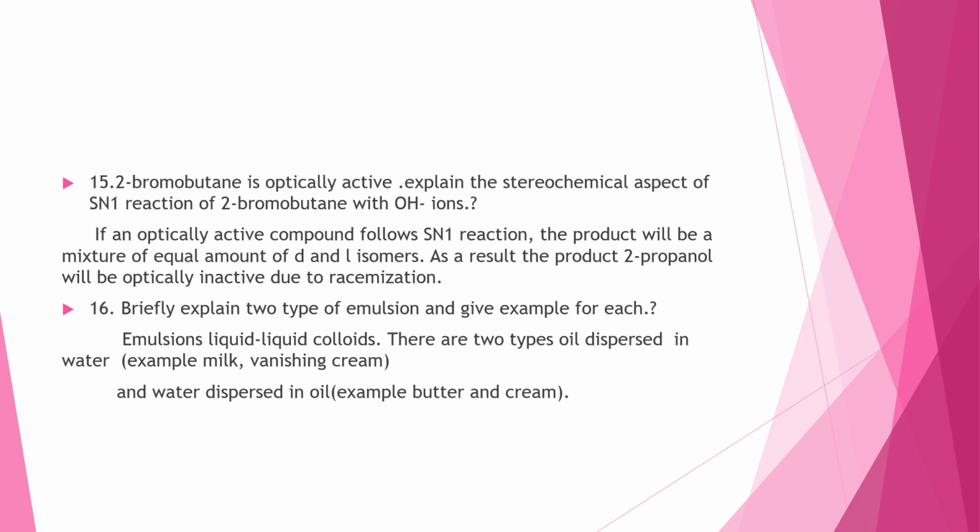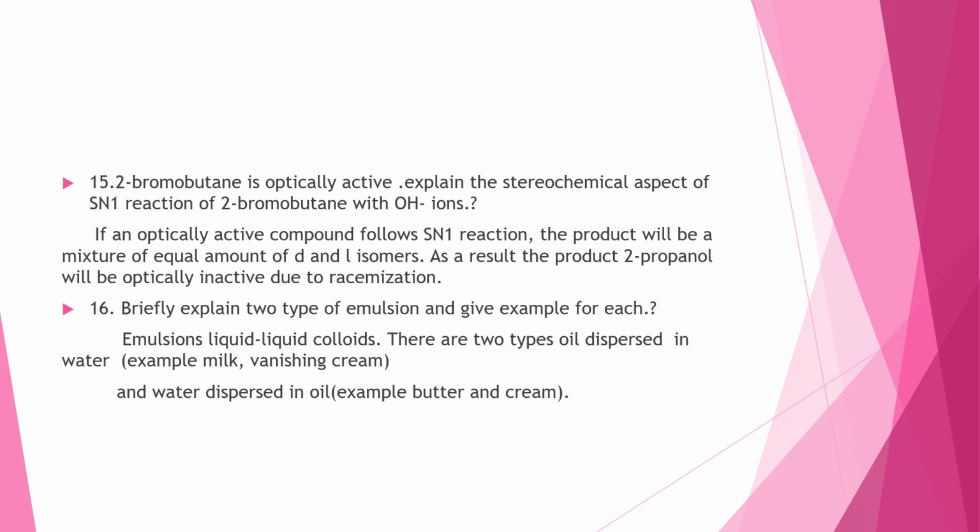For attacking OH minus, there are two options, it can come from two directions. That means the resultant compound will be a mixture of positive and negative isomers, or dextro and levo isomers, and both will form in equal amount. As a result, the final product will be optically inactive due to racemization.